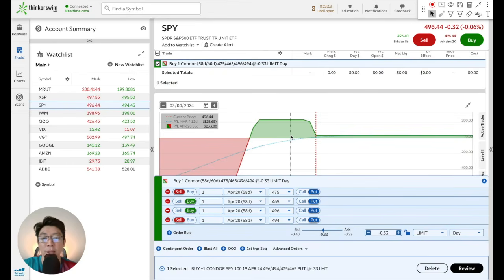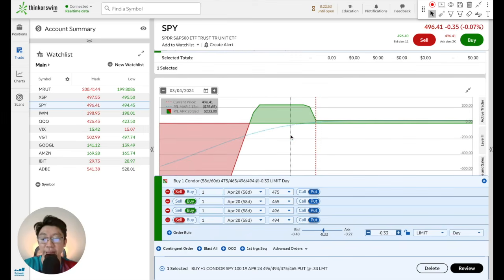So if you want to be more defensive, then you build a bigger put debit spread. But if you want to have more credit upfront, then you go for the one that is 1-point wide for the put debit spread. So this is how you put on the put condor strategy, and I do think that this is actually a pretty good strategy for you to use to consistently grow your account.